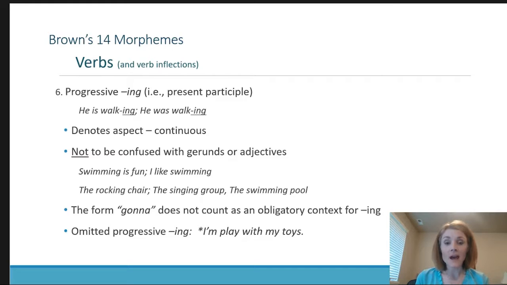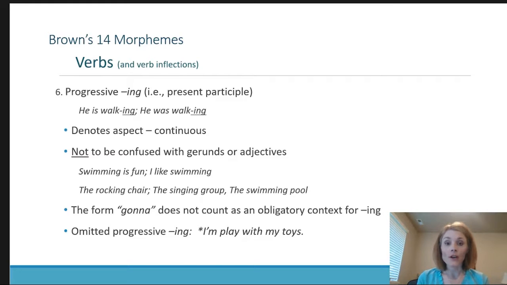And we can tell it's a noun by the position in the sentence. Also, we could replace swimming with another noun. We could say, I like cheese, and that would also work. So we can tell in this sentence that is a noun, so that ing would not be the progressive ing morpheme. Also, the ing morpheme can be used in adjectives.